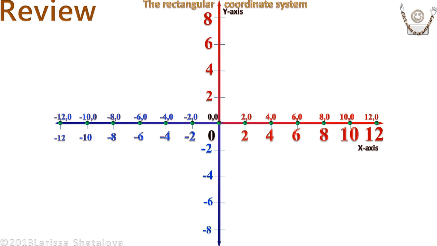The same is true for the y-axis. Each point on the y-axis has two coordinates, x and y, and the x coordinate for all points on the y-axis is 0.